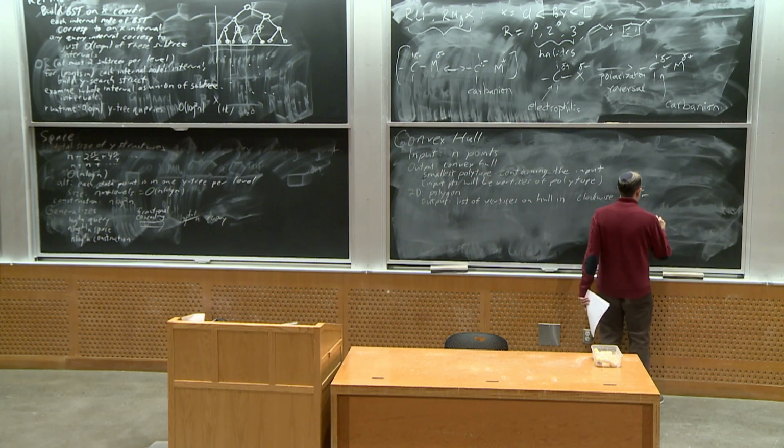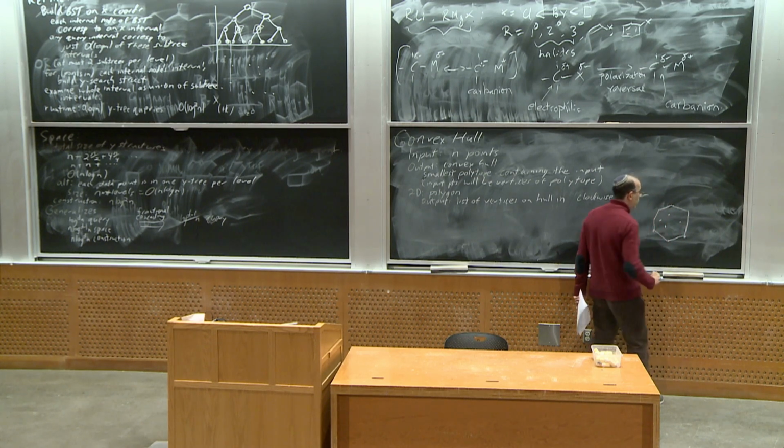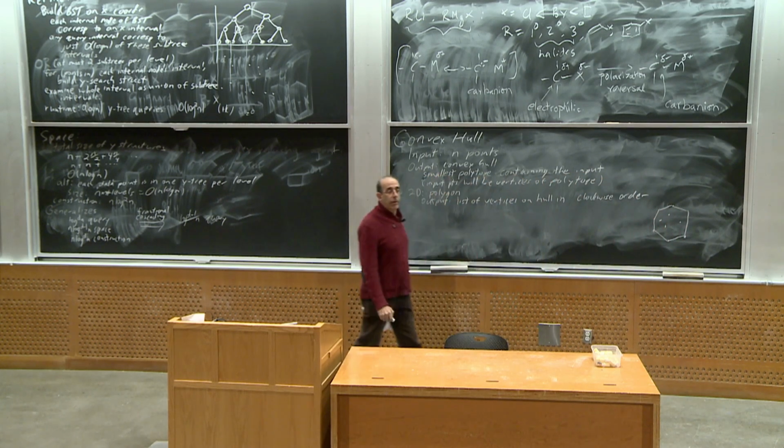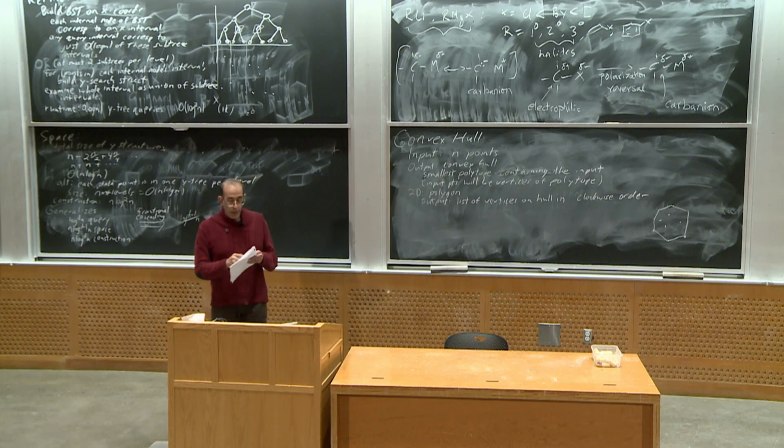So notionally what you're doing is you're taking your collection of points and you're snapping a rubber band around those points in order to get the convex hull. And so you'll notice that some of the points are inside of the convex hull and others are vertices of the convex hull.